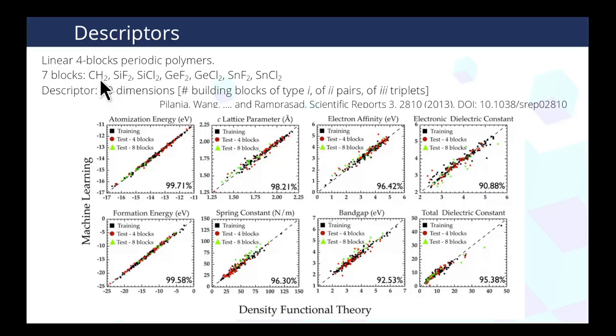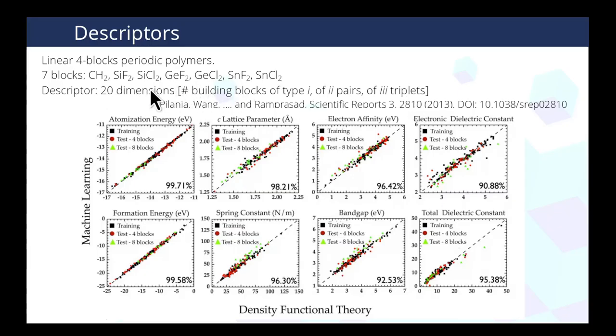You get this polymer, and then you count how many times each of the 7 building blocks appears, how many neighbor pairs, and how many triplets. It's just a histogram, counting for each block, each pair, and each triplet.